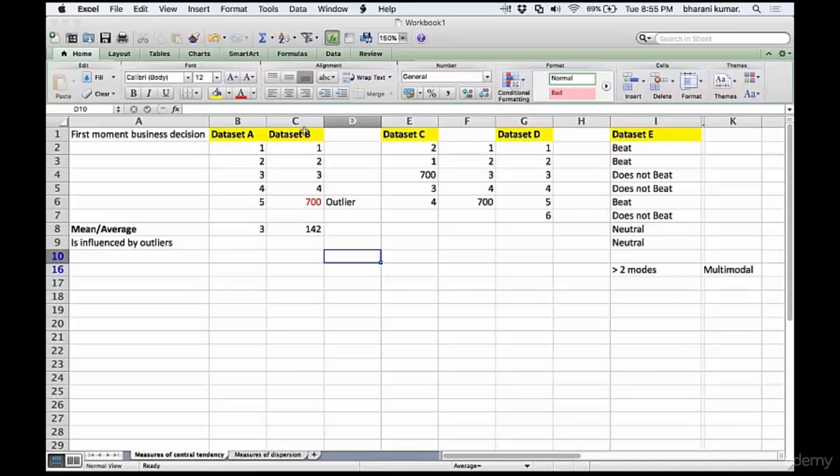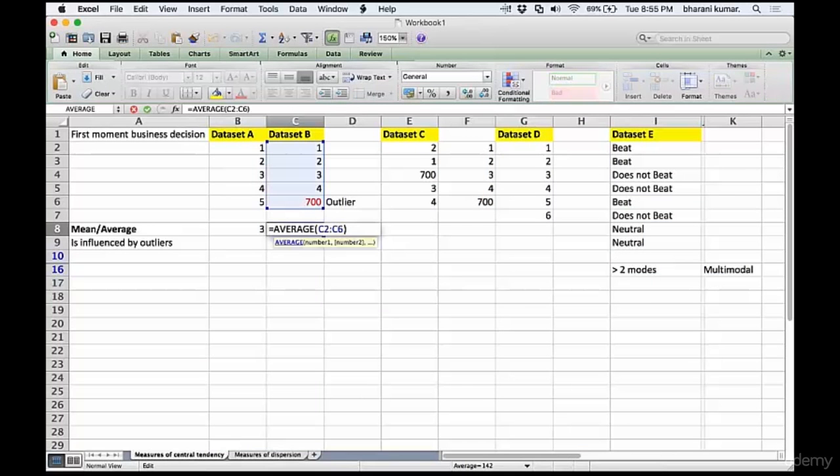Look at scenario 2, dataset B. I'm taking the same 5 numbers, but I'm changing only one number. Instead of 5, I'm replacing it with 700. Now if I calculate the average of all these 5 numbers, I get 142.